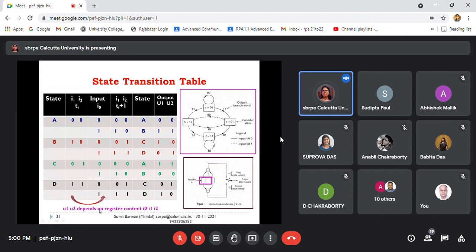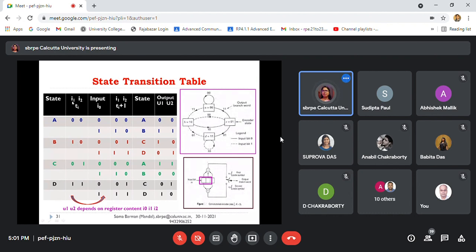For your clear understanding, I am representing the same thing in table form. Suppose the states A, B, C, D mean 0 0, 1 0, 0 1, 1 1. How does it transit from one state to another depending on the input bit 0 and 1?